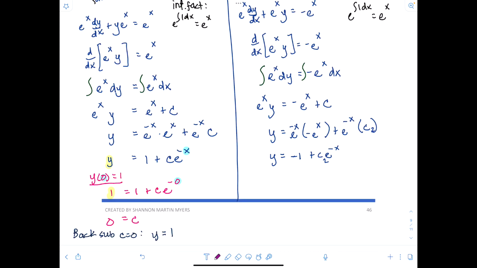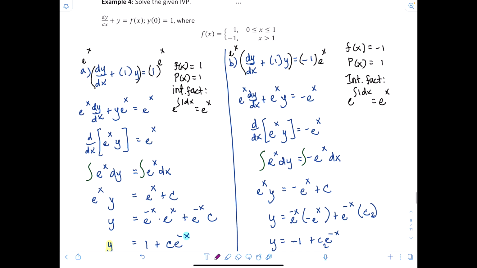So here I'm going to plug in 1 for my x's. So negative 1 plus c2 e to the negative 1 is going to equal 1, right? So that I have that continuity here.